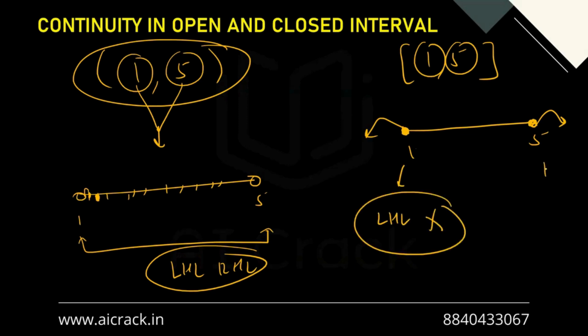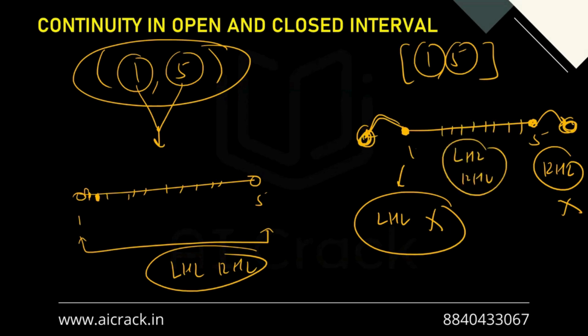For this particular case we are not going to consider RHL because the function is not even defined over there, right? So as we discussed earlier, in the case of a point function, we are not going to consider limits on this side and on this side. For all the points in between, we are going to consider LHL and RHL both. But for the endpoints, we have to take a one-sided limit.